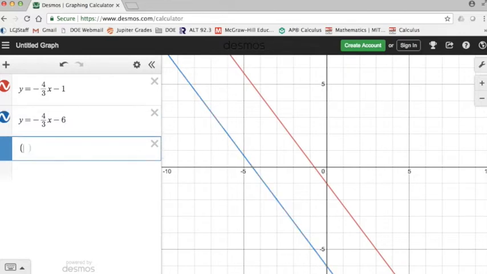We can also see if it goes through the point negative 6 comma 2, and it does. That point is here in green, so we have this blue line parallel to the original going through that point. So that was for parallel. We know that parallel lines always have the same slope. That's why they have the same slope here.